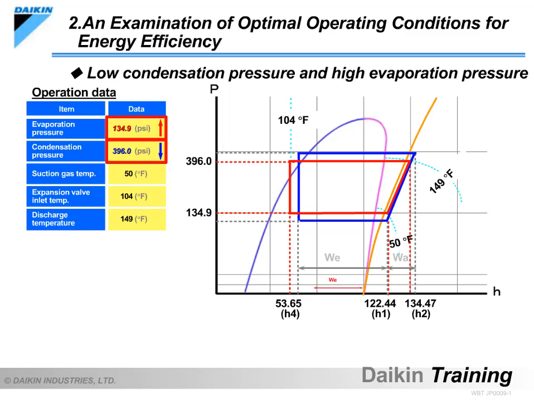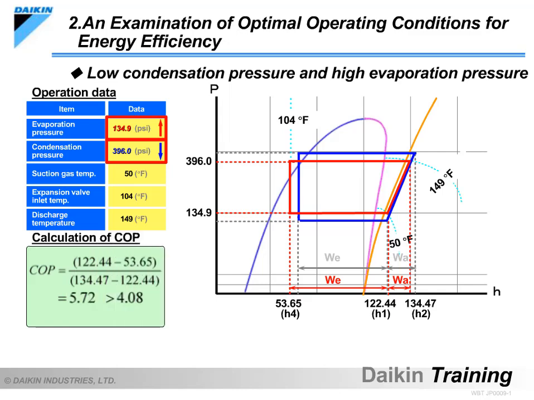This results in a higher refrigerating effect and smaller compression work compared to the standard cycle, bringing about a COP of 5.72. This is a 40% higher COP than the standard refrigeration cycle and the highest COP compared to the previous 4 patterns.